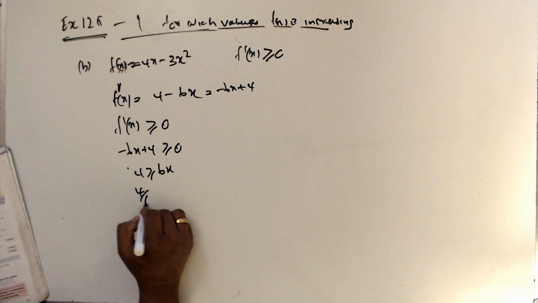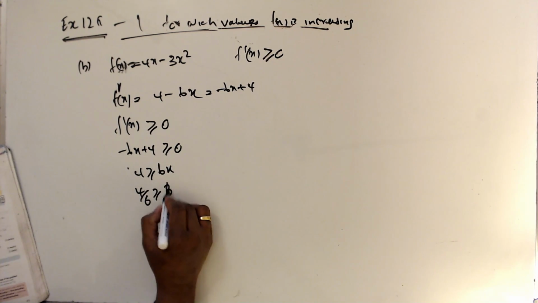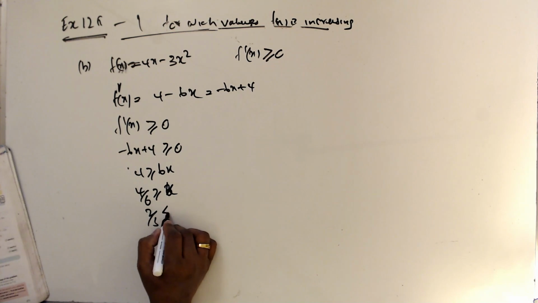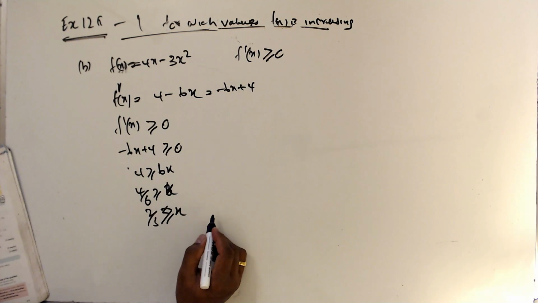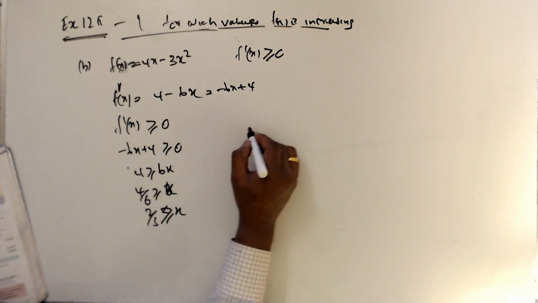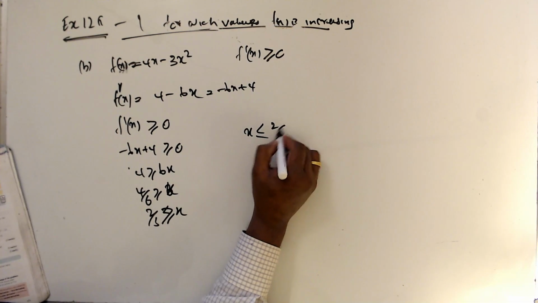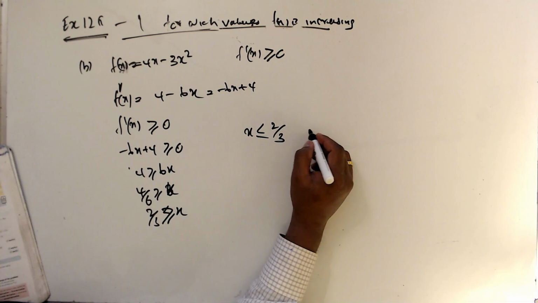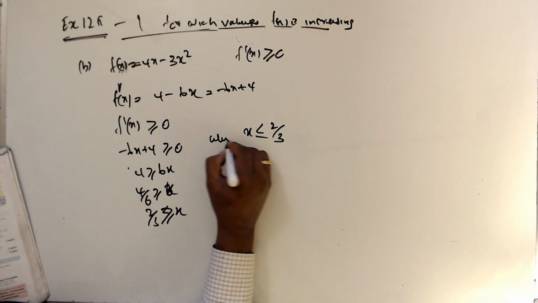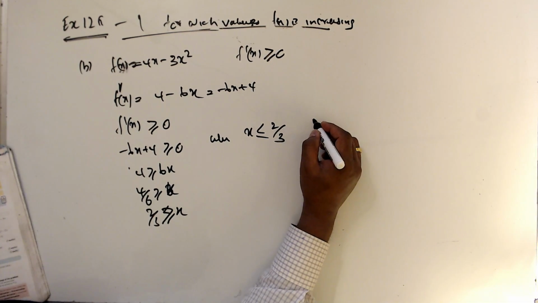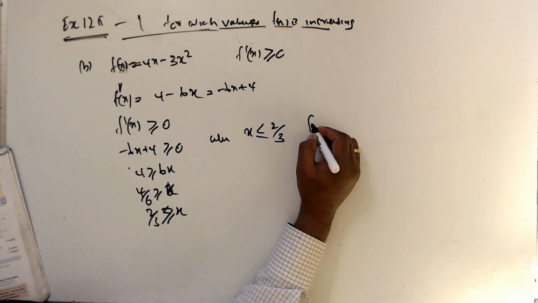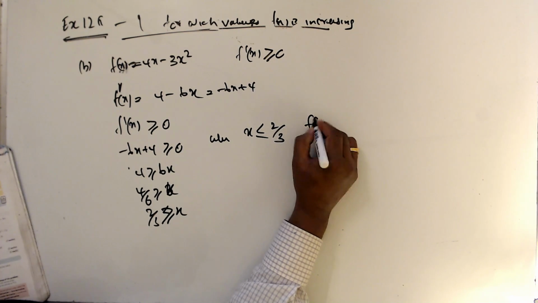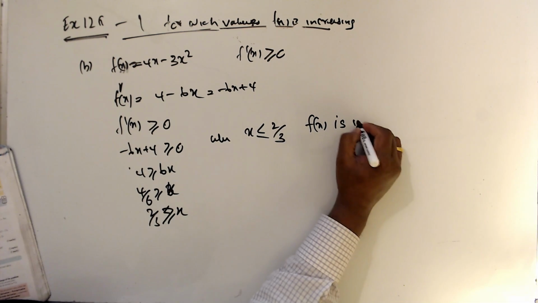So 4 over 6 is greater than or equal to x. So 2 over 3 is greater than or equal to x. So the function f(x) is increasing when x is less than or equal to 2 over 3.